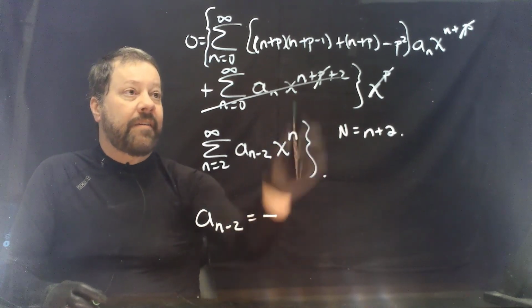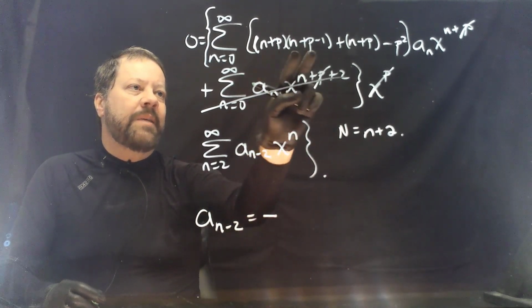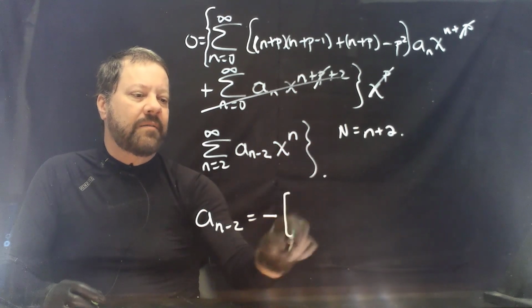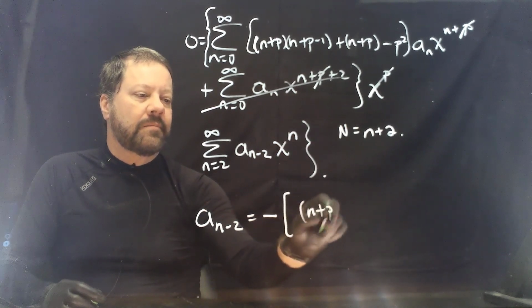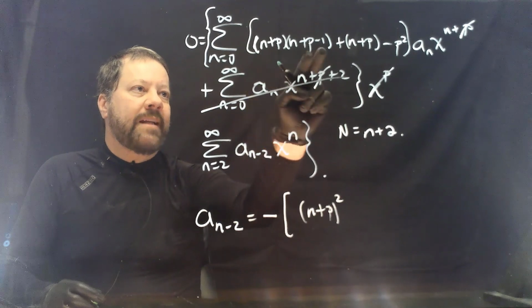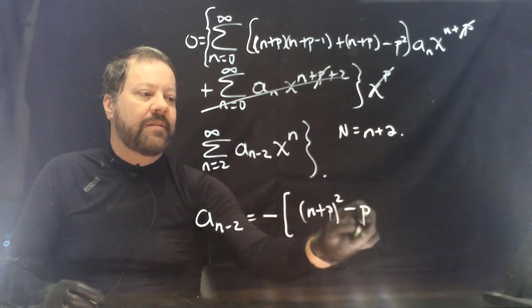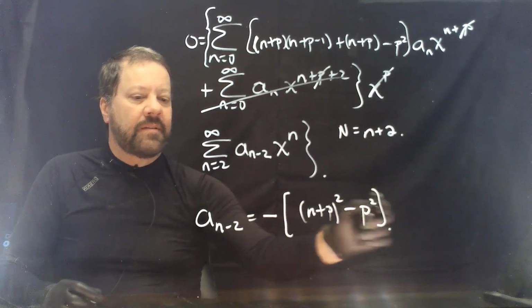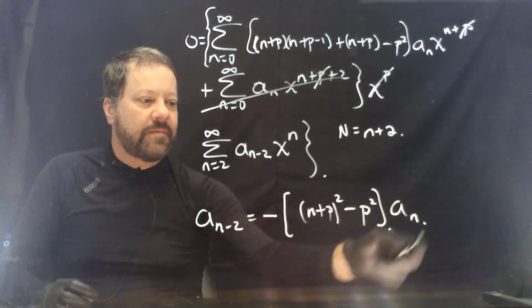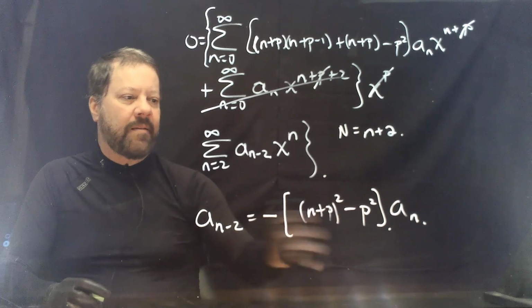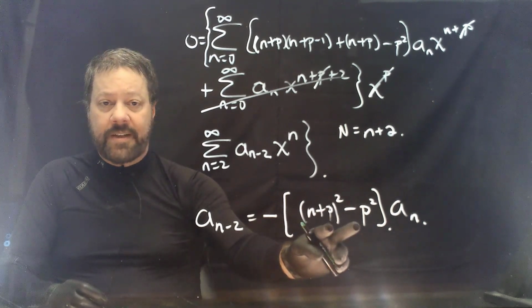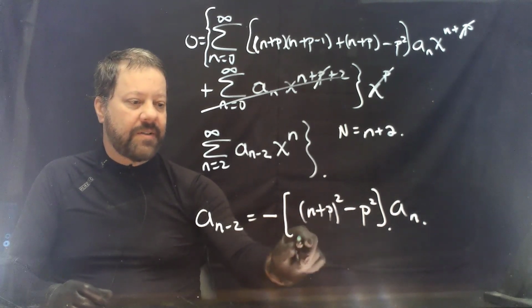We'll have, let's see, n plus p quantity squared. We'll have a minus n plus p and a plus n plus p, and then a minus p squared. This obviously factors as a difference of squares.